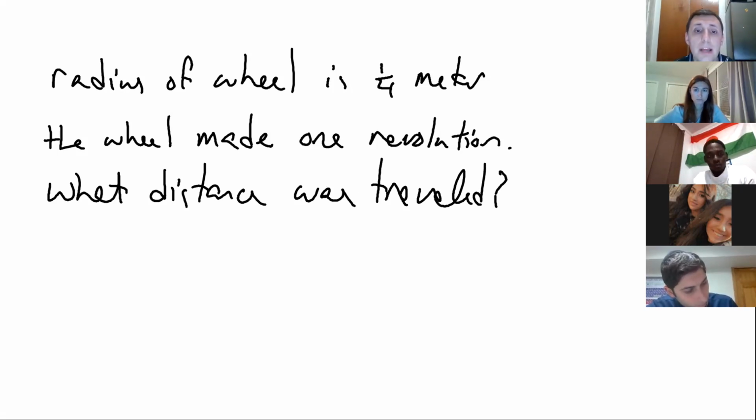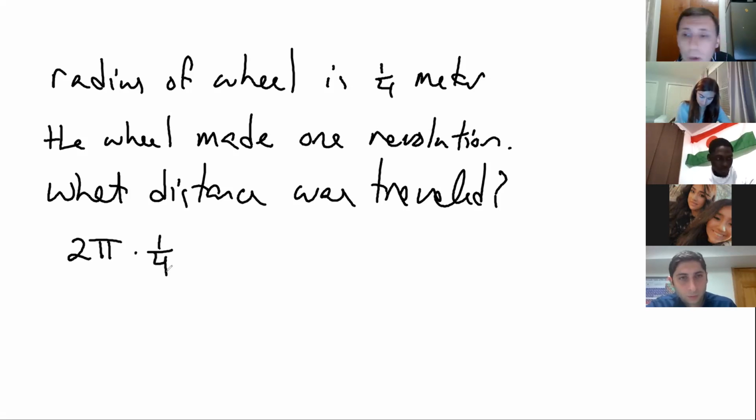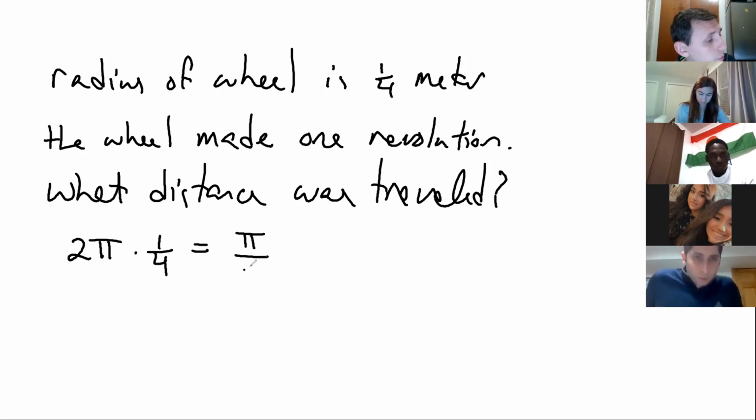Exactly. So 1 full revolution means 2 pi multiplied by 1/4, which means that the distance traveled is pi over 2 meters.